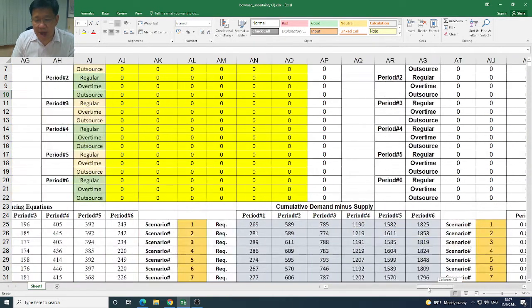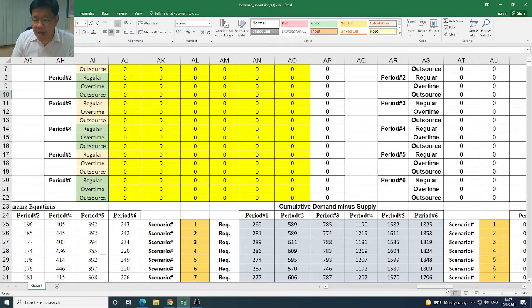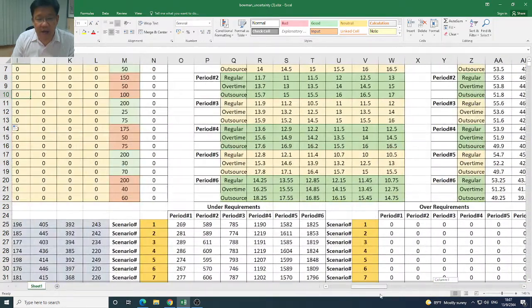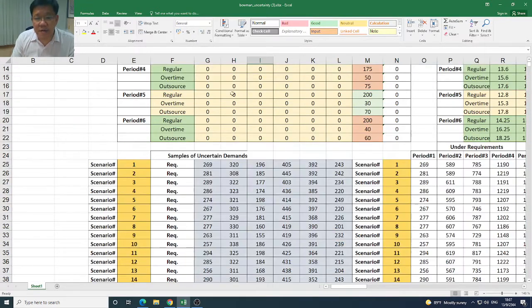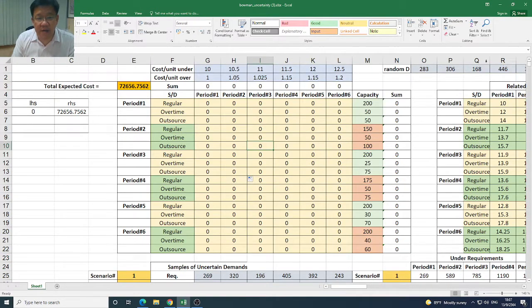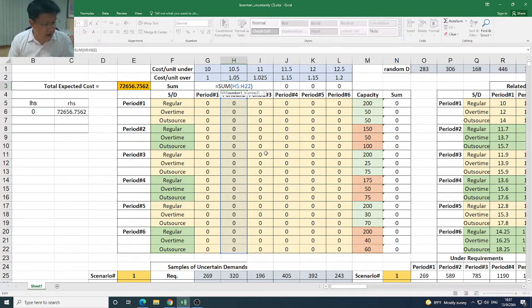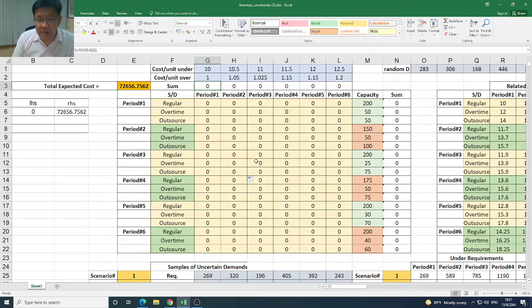This is the summation of the allocation down here, the demand side for each period, the summation of all numbers allocated for each column period. For the demand of each period, you subtract this summation.